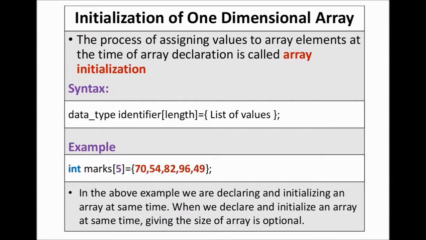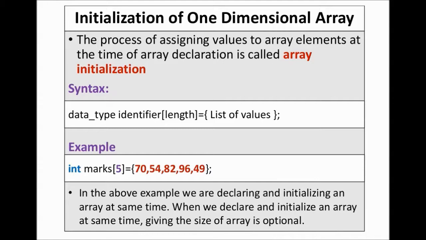So, initialization of a one-dimensional array: the process of assigning values to array elements at the time of array declaration is called array initialization. The initialization process provides a list of initial values for array elements.